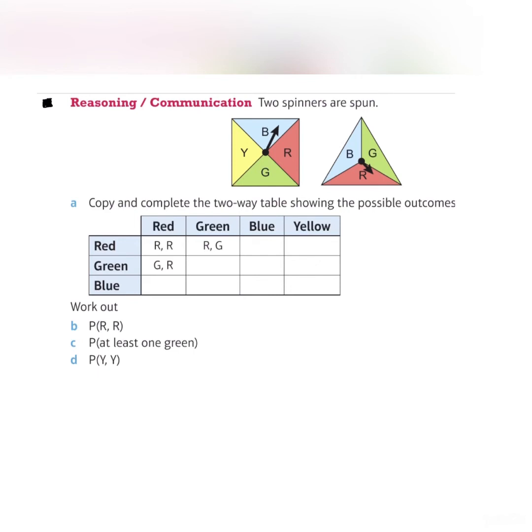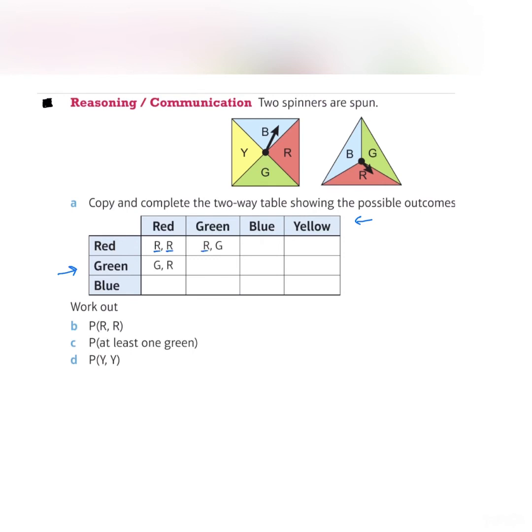Okay, in this question, it says 2 spinners are spun, and copy and complete the two-way table showing the possible outcomes. So 1 spinner has 4 options, red, green, blue, and yellow, and we can list them down at the top. And the second spinner on this side, we only have blue, green, and red. So we can have red on the first spinner and red on the next one.